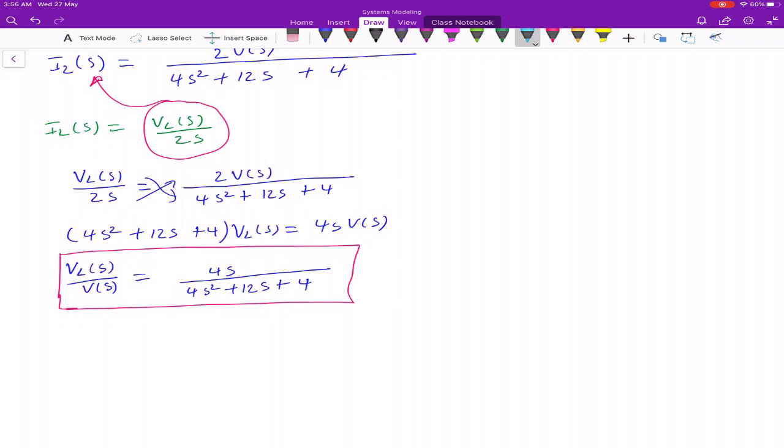However, you can continue, you can get rid of this 4. Alright, if you divide by 4, then you're gonna have the denominator is S squared plus 3S plus 1, and the numerator is S. Okay, or if you leave it in this format, this is also okay.